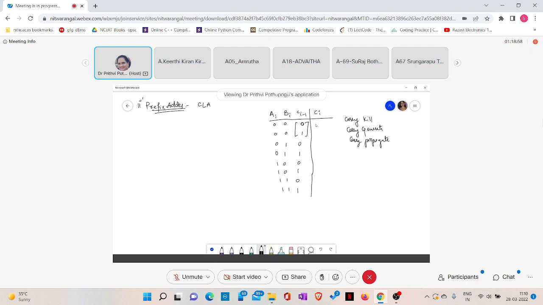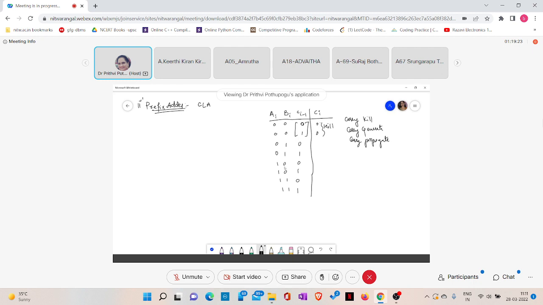Whether there is a carry from the previous stage or not, the carry of that stage will be 0. So we call this the kill condition.